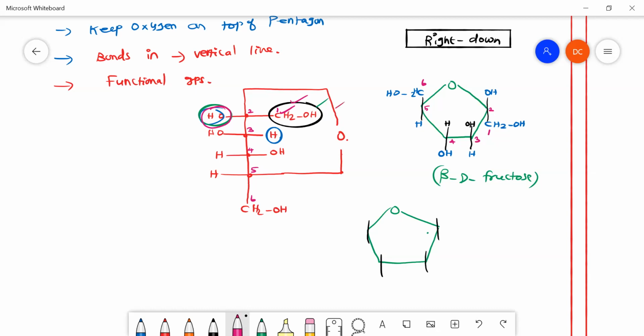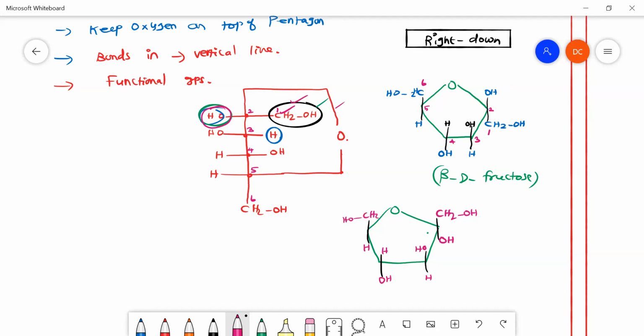Here it is beta. Then we have to write like this. Here the OH group will be here and CH2OH will be here. All the remaining are the same. Nothing changes here. OH, H, H, CH2OH.